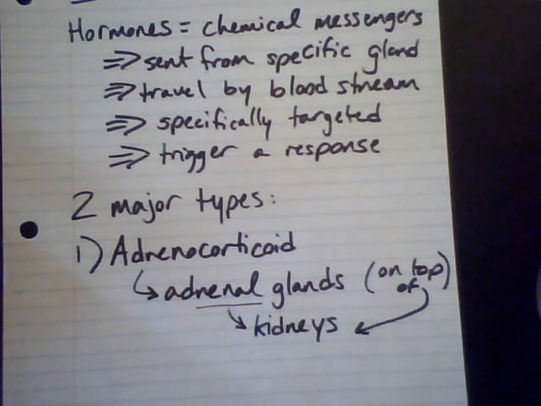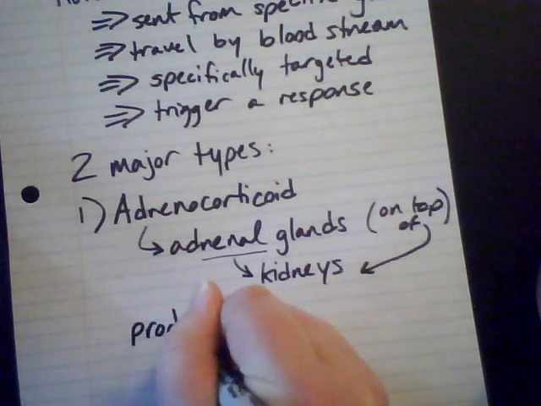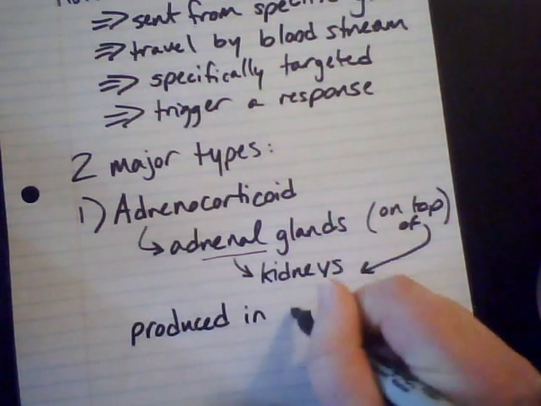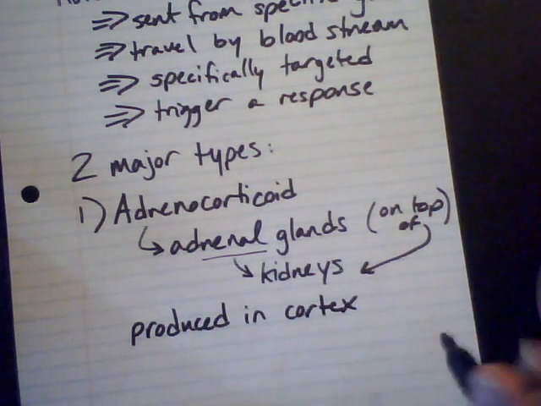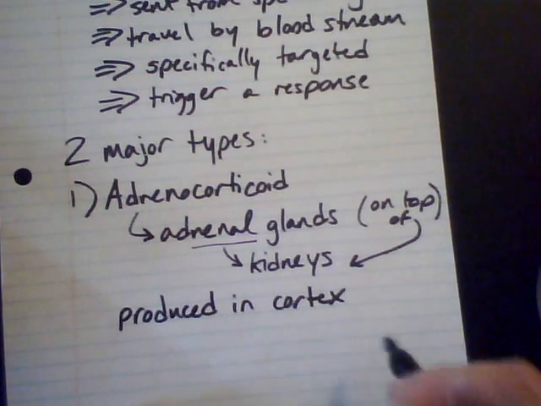And within that, so adrenocorticoid, the reason that the cort is in there is because they're found in the cortex of the adrenal gland. And cortex, just like your brain or just like any other organ, is kind of the outermost layer.